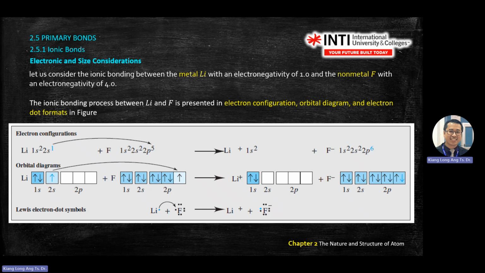So if the question asks you how the electron bonding process happens, again, what is ionic bonding? You take metal plus non-metal. You refer to the periodic table. You put metal plus non-metal. Then you draw the arrow of the movement of electron.